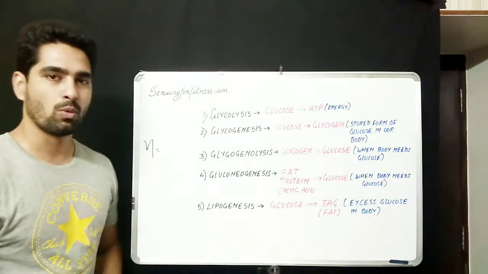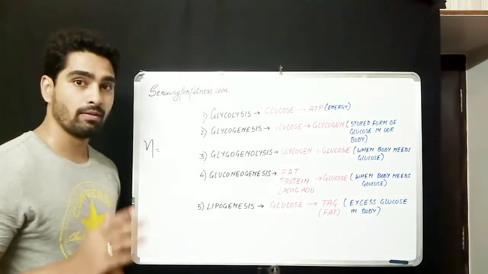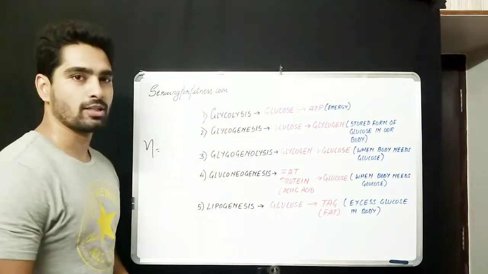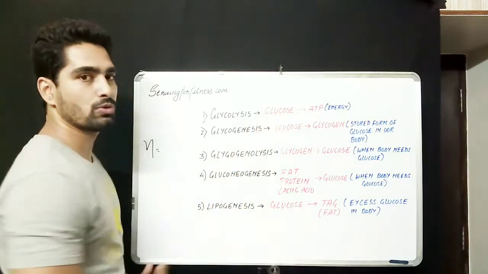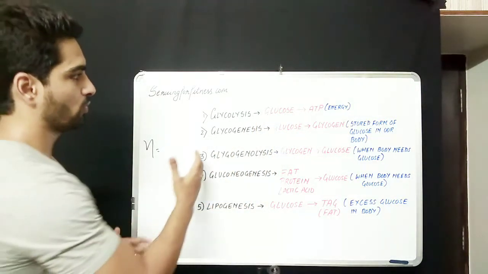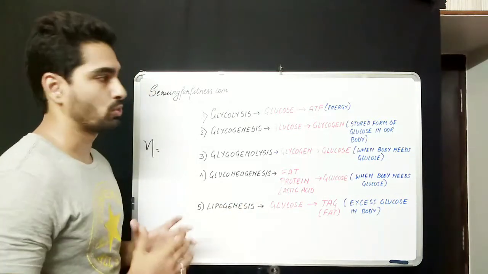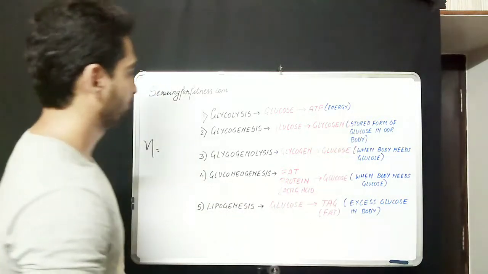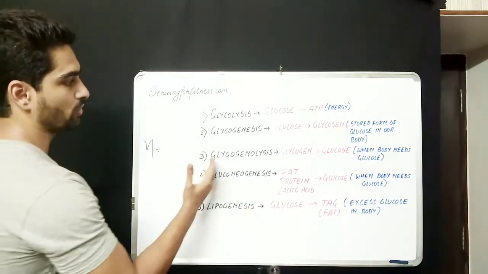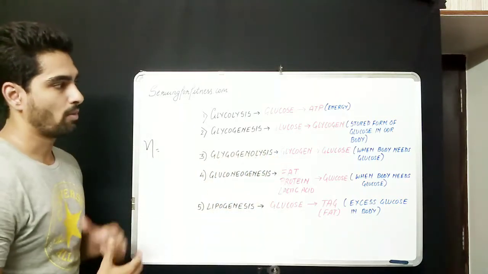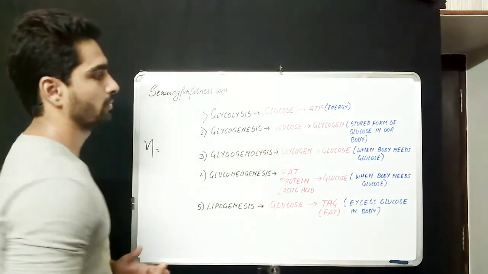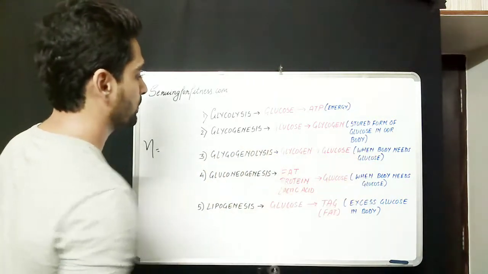So let us now review what all we have learned. We have learned about glycolysis, that is production of ATP from glucose. We have learned about glycogenesis, that is formation of glycogen from glucose, which is a storage form of glucose in the body. We have learned about glycogenolysis, that is formation of glucose from glycogen when a body needs glucose.